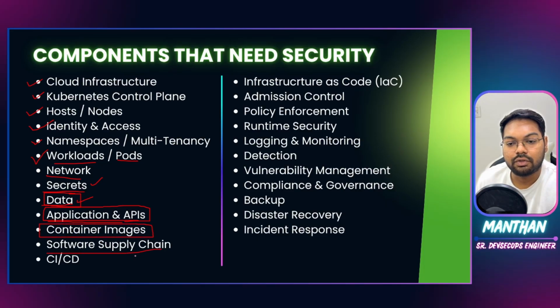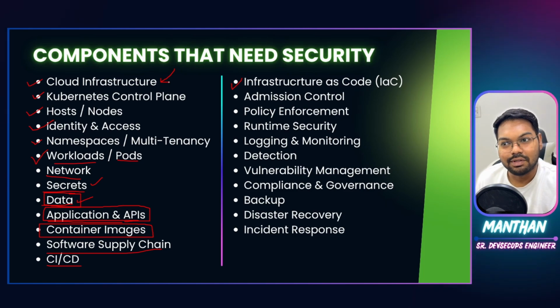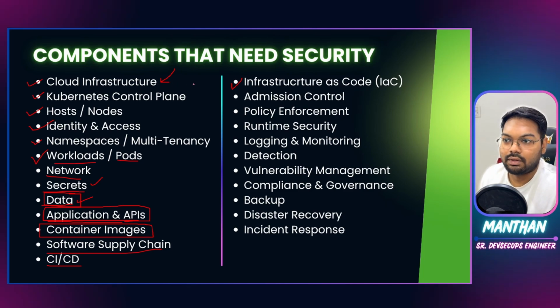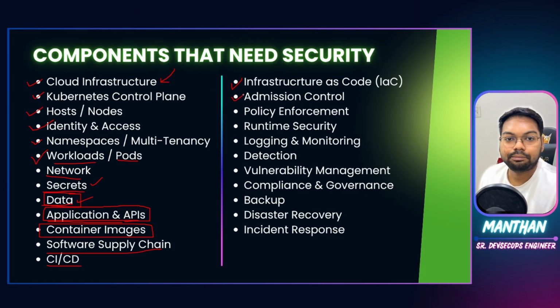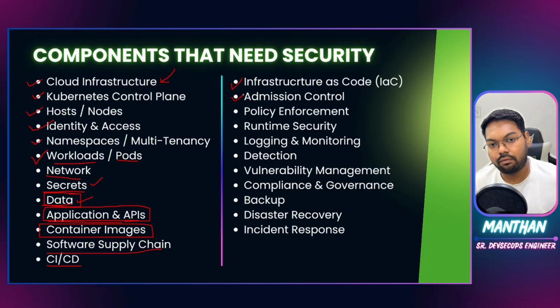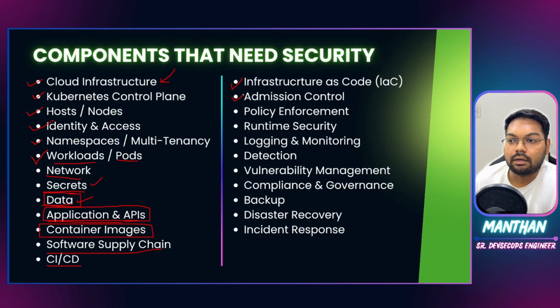Then the software supply chain, then the CI/CD pipeline, then the infrastructure as code that is used to create the cloud infrastructure. Is it even secure or not? So that's again one thing. Then the admission control: which container can run where, on what type of nodes, how much memory the nodes have, and that kind of stuff.